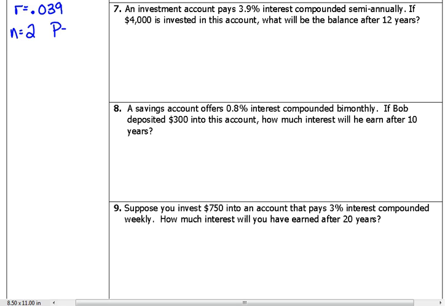If $4,000 is invested in this account, that's our P. What will be the balance after 12 years?